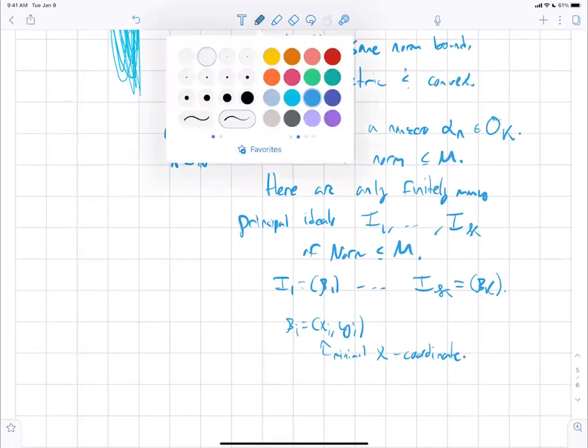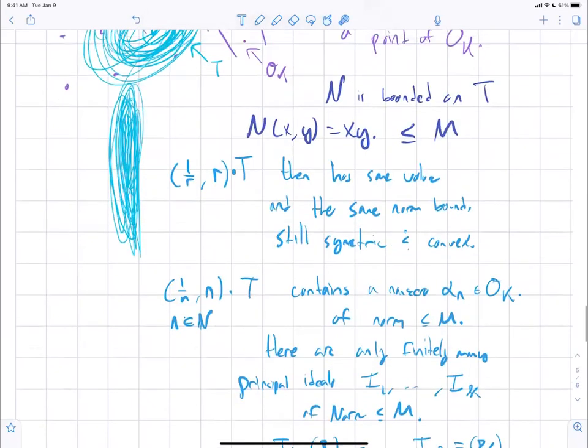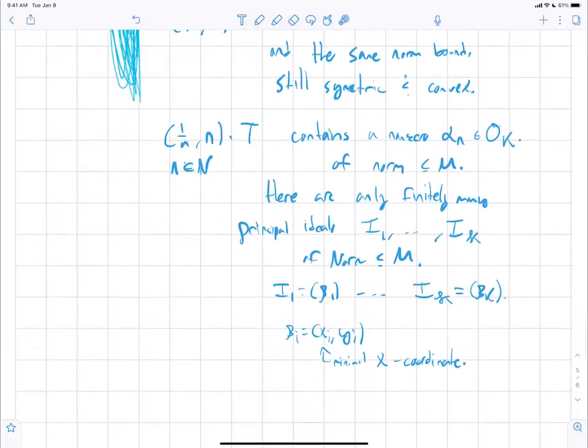And if I make my region thin enough, so if I take n large enough, my x coordinate is going to be very close to 0, closer to 0 than it is for any of these.